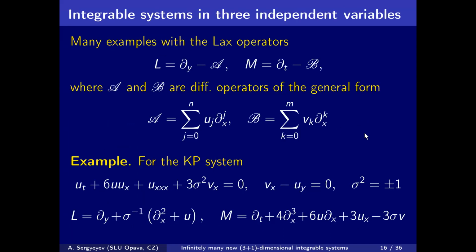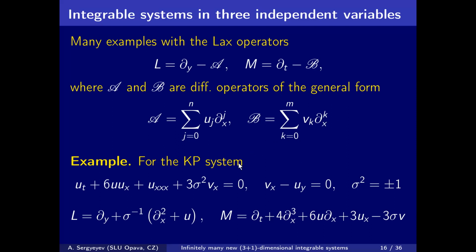Okay, and now if we move on to the higher dimensions, things become somewhat more complicated. So if we look at integrable systems in 3D, that is 3 independent variables, then we have essentially 2 classes of examples. So one is such that operators L and M have this structure where A and B are differential operators in just one variable x.